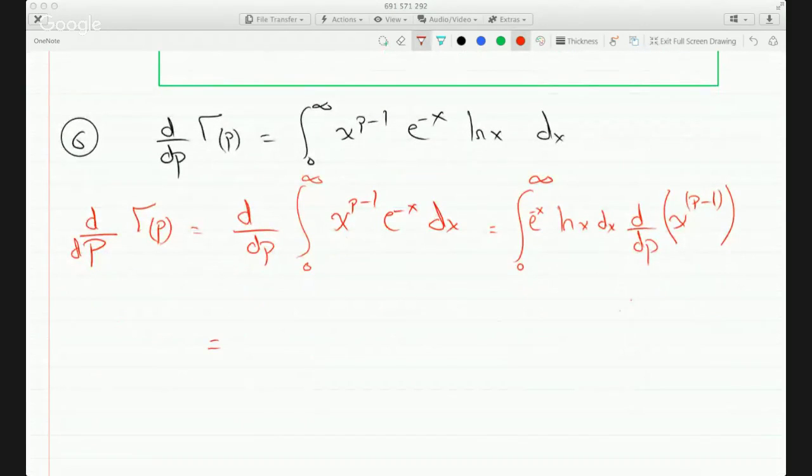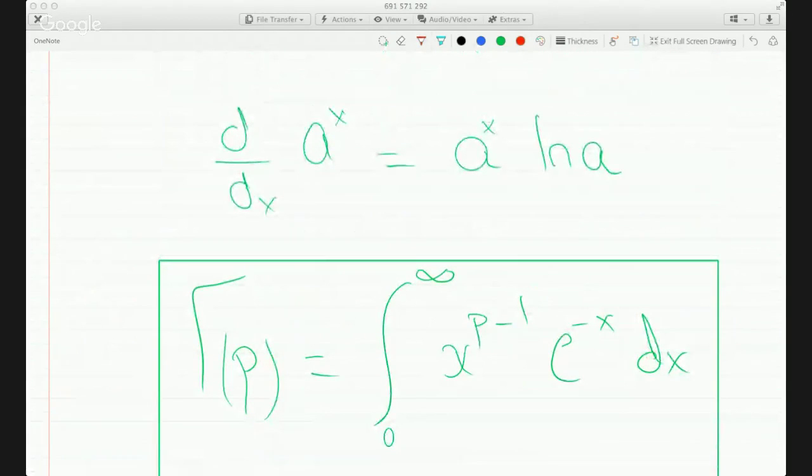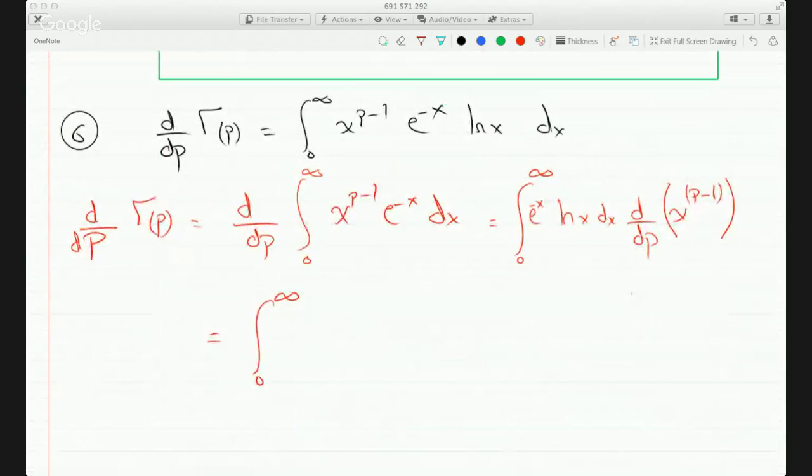And what's the derivative with respect to the last term? Like I mentioned, the derivative of a to the x is a to the x ln a. So this becomes e to the minus x times, now x is the constant base, so you get the same thing back multiplied by ln of the base. Who's the base? x. So you get ln x dx.